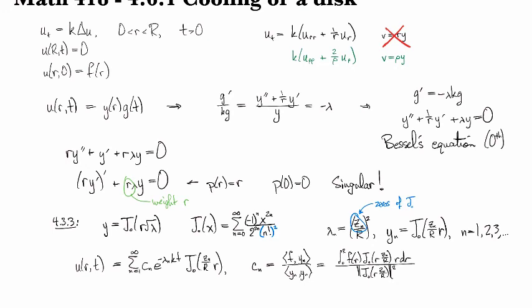So in fact our unit basis is effectively J naught of r Z_n over r divided by its size.